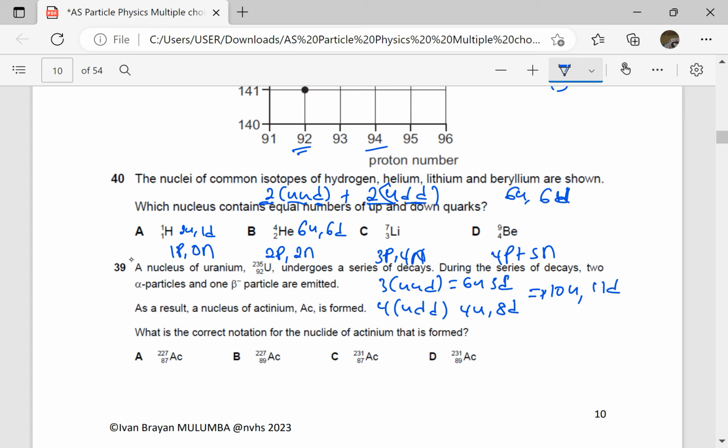You can also verify for beryllium. 4 protons, that is 4 times up, up, down. 5 neutrons, that is 5 times up, down, down. So 4 times 2 up, that is 8 up, plus 5 up, that is 13 up. 4 times 1 down, that is 4 down, 5 times 2 down, that is 10 down, plus 4, that is 14 down. So the only nucleus is going to be helium with 6 up and 6 down quarks.